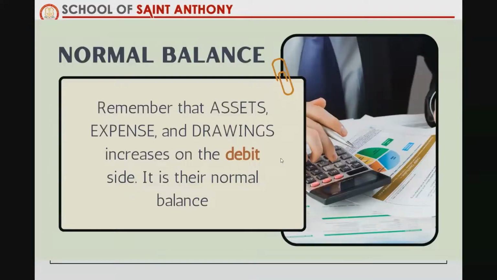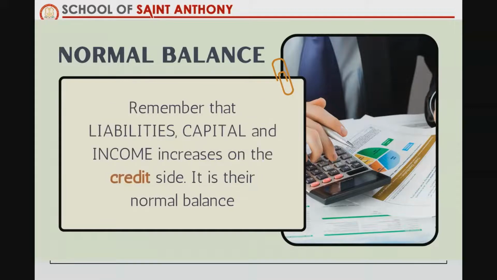Again, remember that the assets, expense, and drawings increase on the debit side. It is their normal balance. While liabilities, capital, and income increase on the credit side. So, pag napunta sila sa debit, ibig sabihin, nag-decrease sila, nabawasan yung value nila.